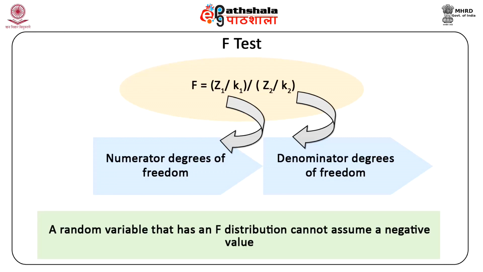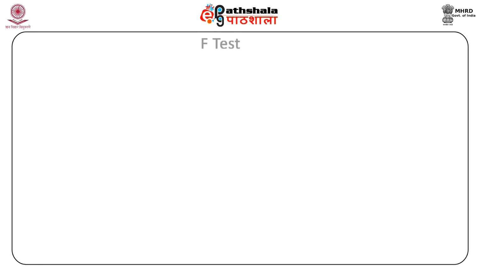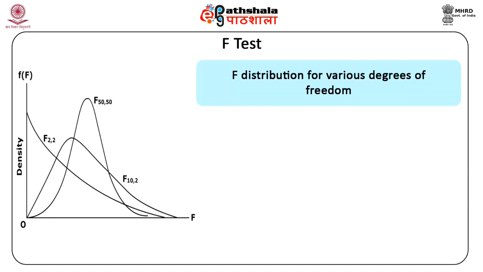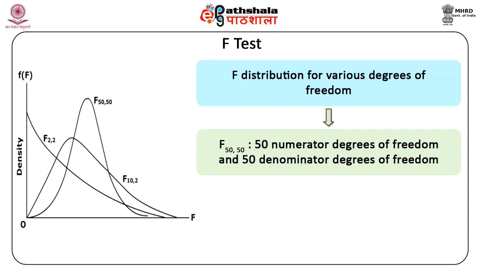A random variable that has an F distribution cannot assume a negative value. The F distribution has been depicted in the figure. In the diagram, the F distribution for various degrees of freedom has been shown. The curve F 50,50 represents the F distribution with 50 numerator degrees of freedom and 50 denominator degrees of freedom.